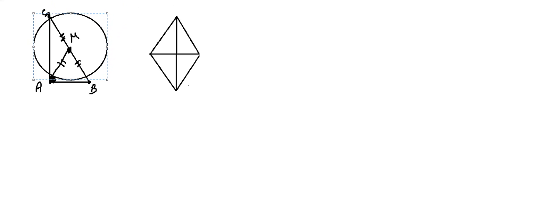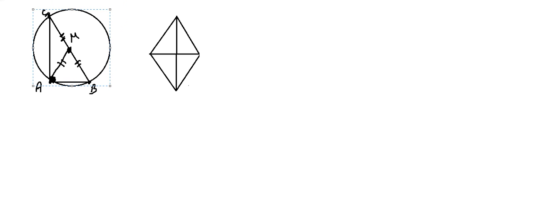Right? And this circle passes through A, B, and C at the same time, because MB equals MA equals MC.